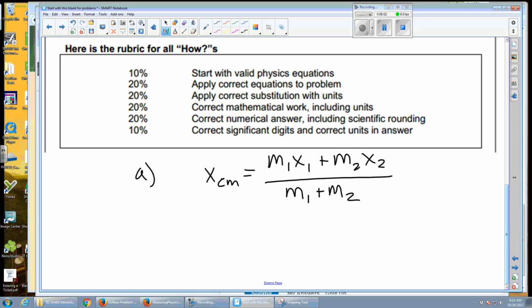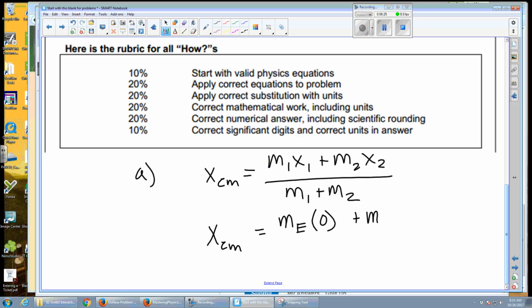So now if I was to do correct substitution, XCM, I don't know what that is. M1, this would be mass of the Moon. Oh, sorry, I said M1 would be the Earth. That would be mass of the Earth. And from my diagram, the Earth is 0 away from the set point of reference.